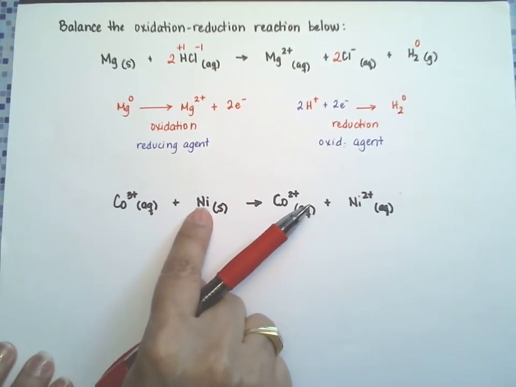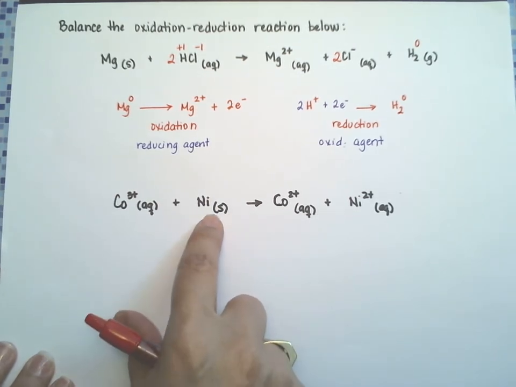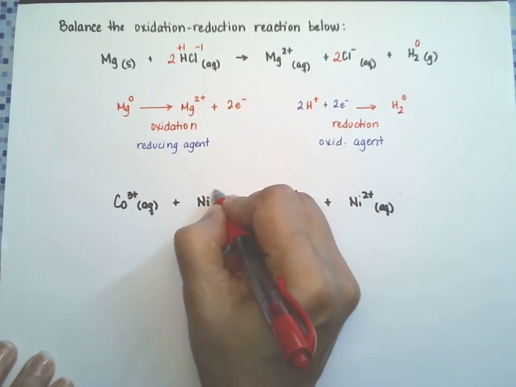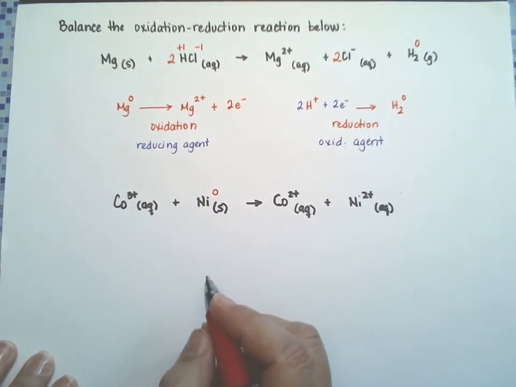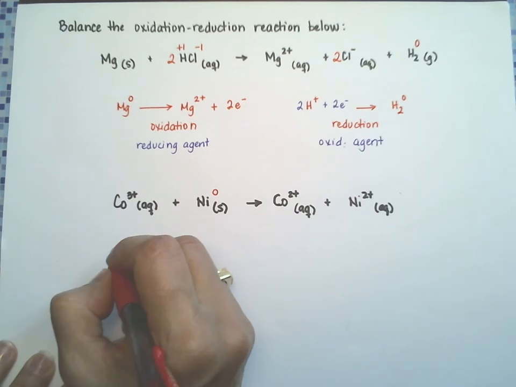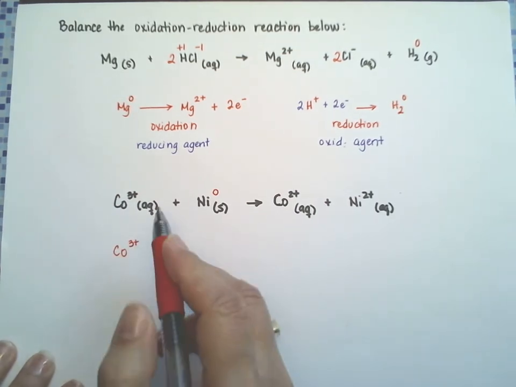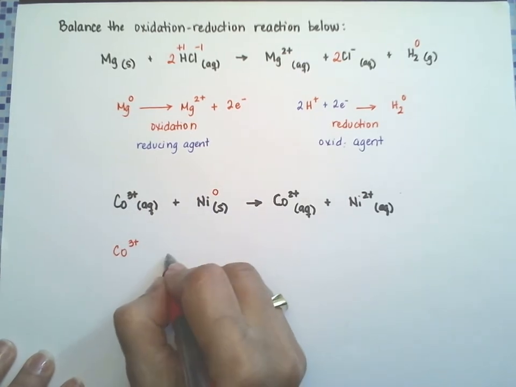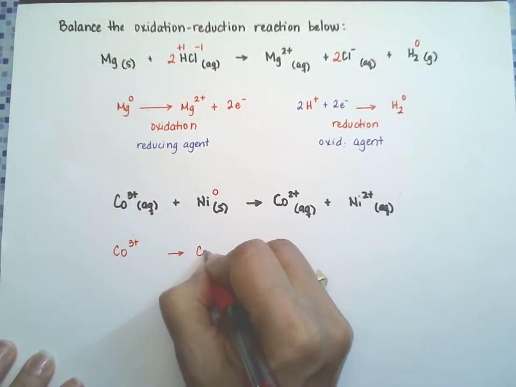We have cobalt and nickel. Notice nickel right here is in the solid state. That's the way you find it in nature. The oxidation state of that one would be a 0. So let's go with cobalt. Cobalt goes from 3 plus to cobalt 2.